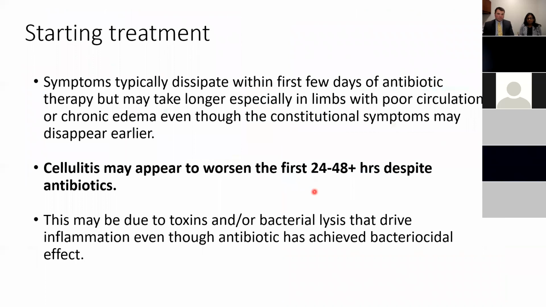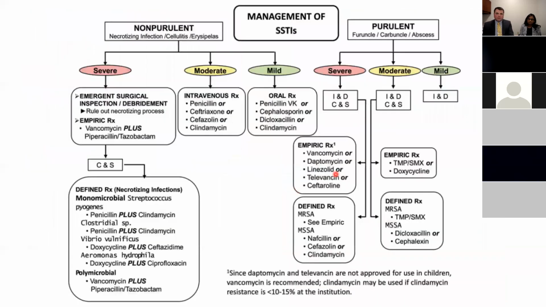Now, as far as starting treatment, I just want to mention also when it comes to non-purulent. For test questions, they don't want to have buzzwords of pus or no pus, and usually strep is rapidly spreading and Staph aureus is slower with abscesses.